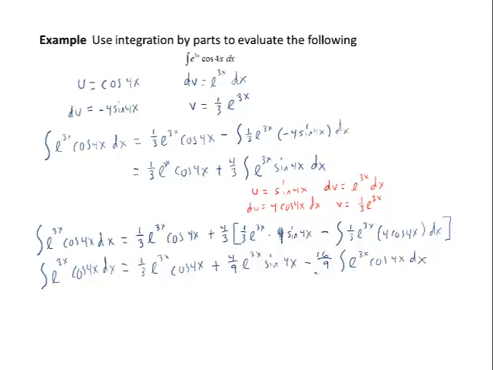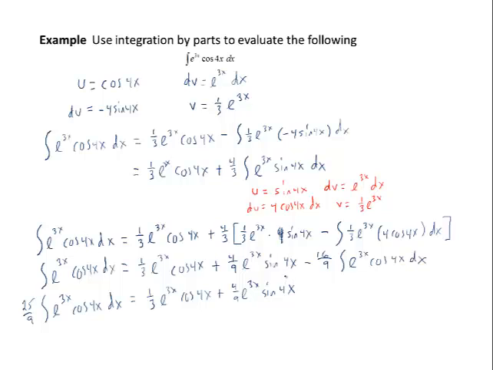So if I just add 16/9 integral e to the 3x cosine 4x to both sides of the equation, I will get 25/9 integral e to the 3x cosine 4x dx equals 1/3 e to the 3x cosine 4x plus 4/9 e to the 3x sine 4x.